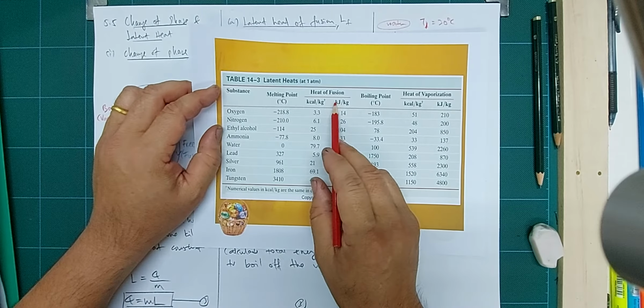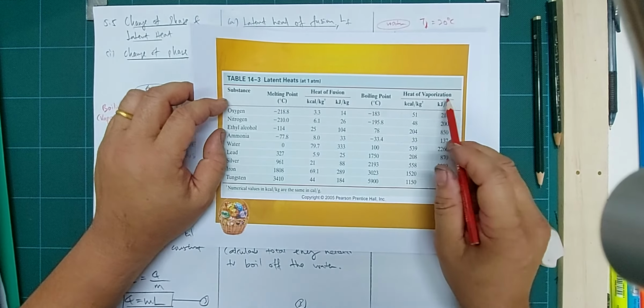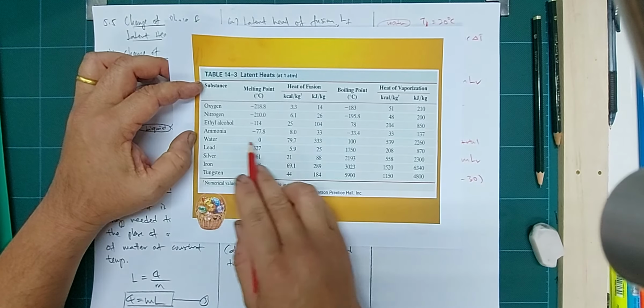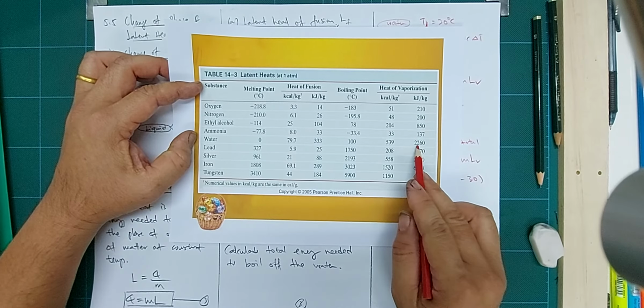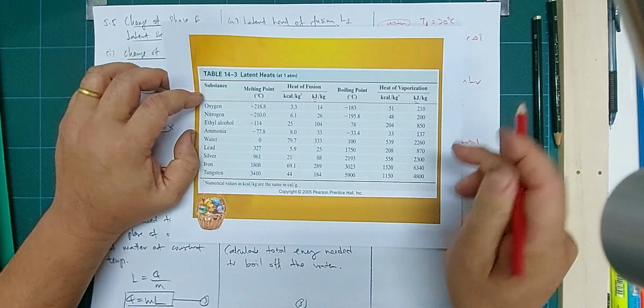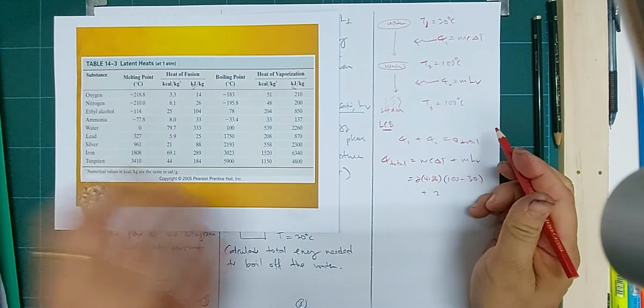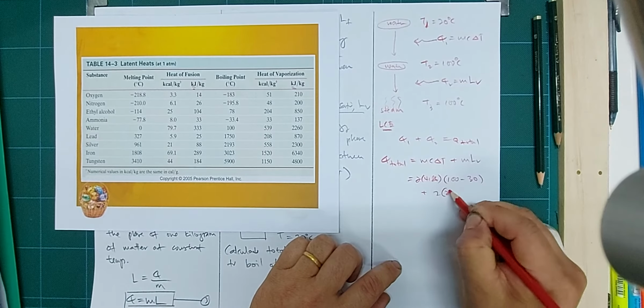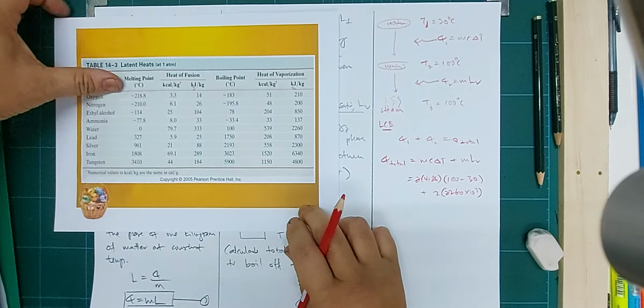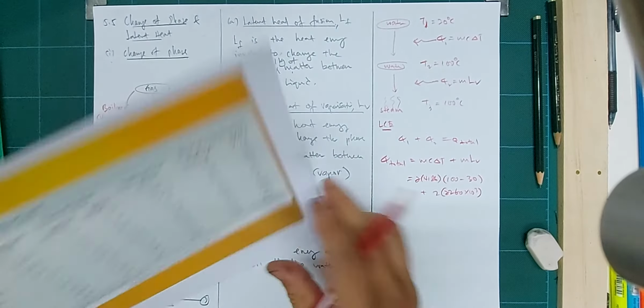This is called heat of fusion, and this one is heat of vaporization, because this one vaporized, right? So look for water. Water is 2260. Be careful, this one is in kilojoules, this one also the same, kilojoules. So 2260 kilojoules, which is 2260 times 10 to the power 3 in units of joules per kilogram.